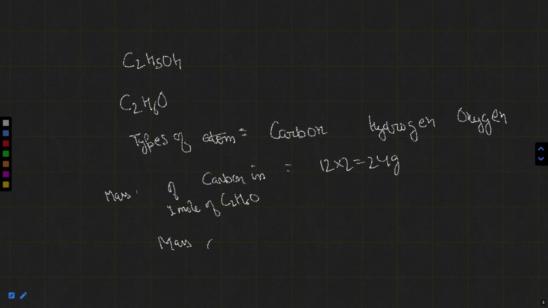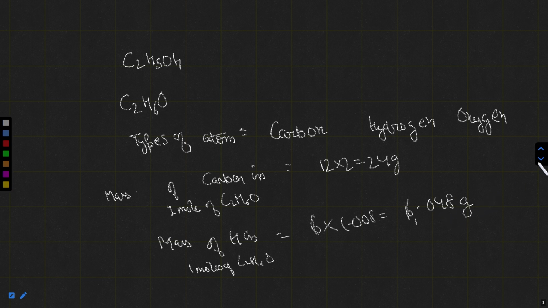Now the mass of hydrogen in 1 mole of C2H6O: 6 hydrogens, so 6 into 1.008, that is 6.048. Clear?